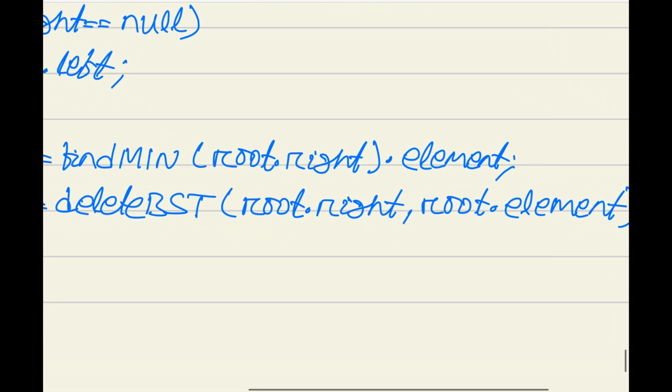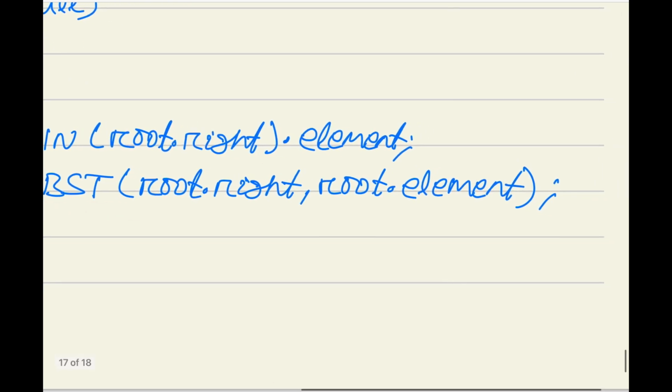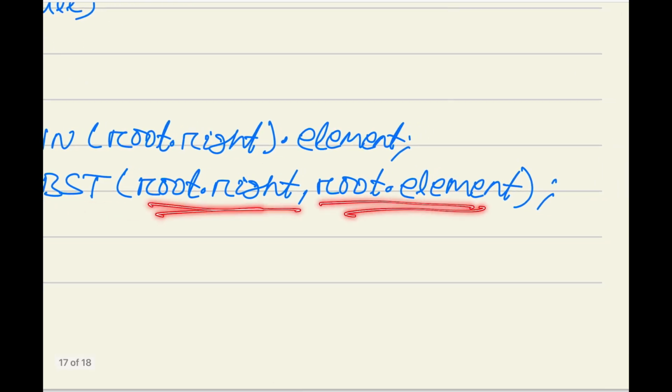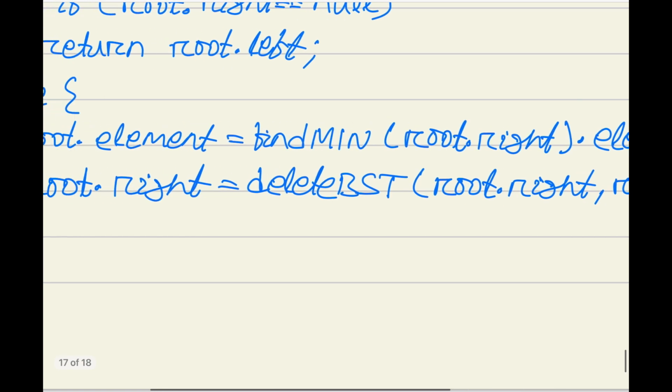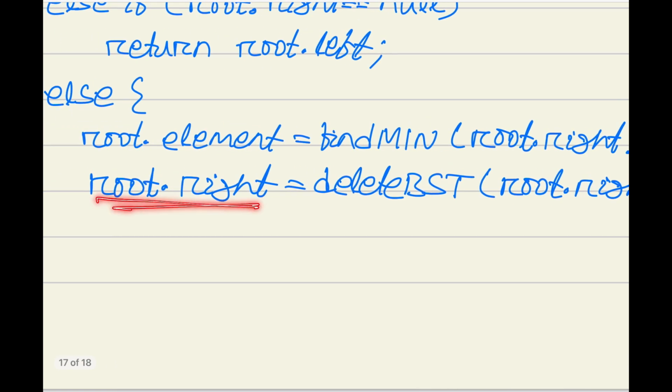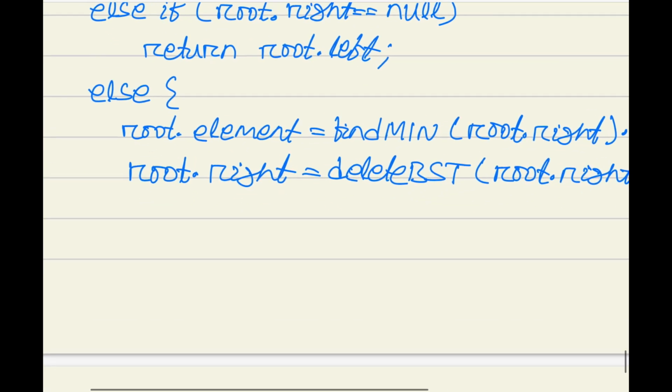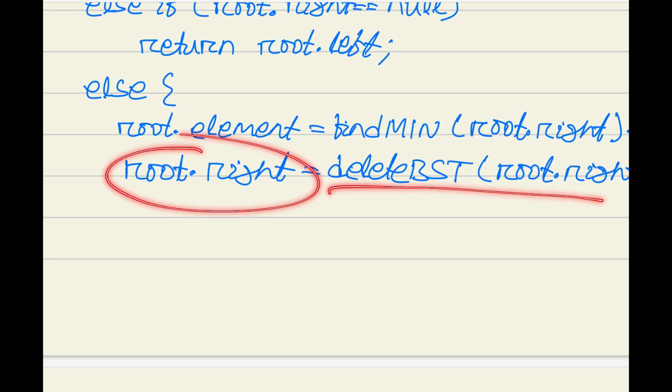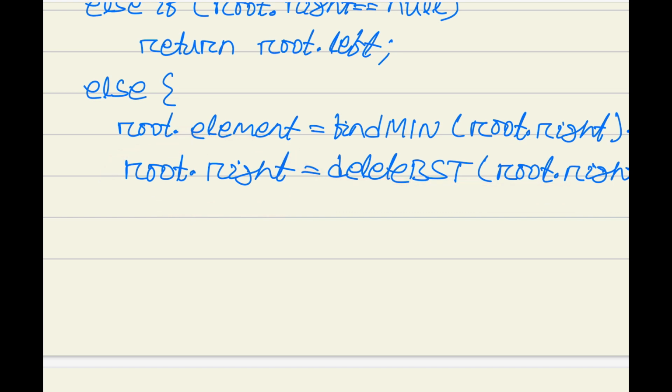So we are just calling the delete BST method recursively, passing root dot right and root dot element, and we are updating the root dot right, or the right subtree, in this way by calling the delete method recursively.